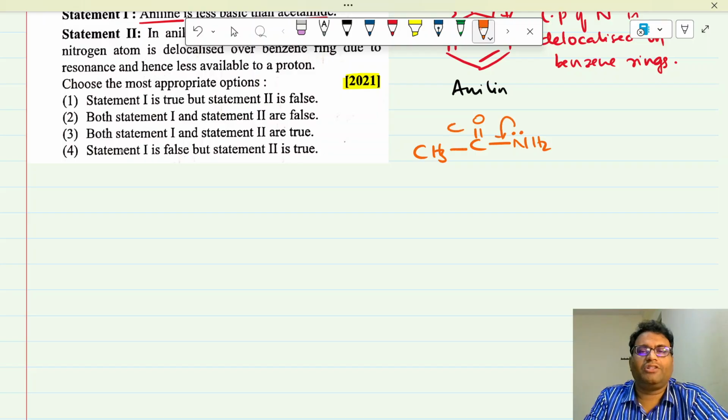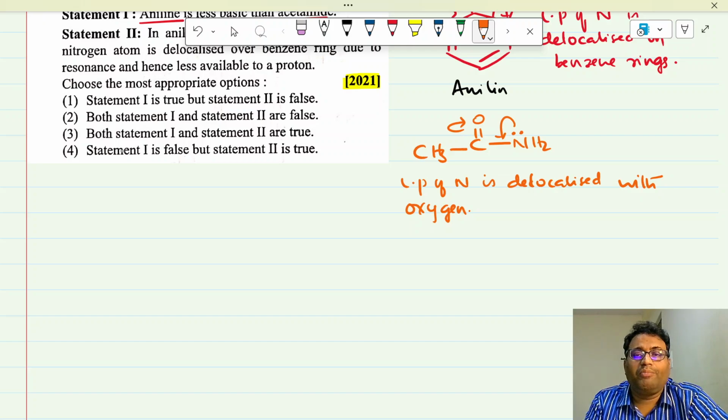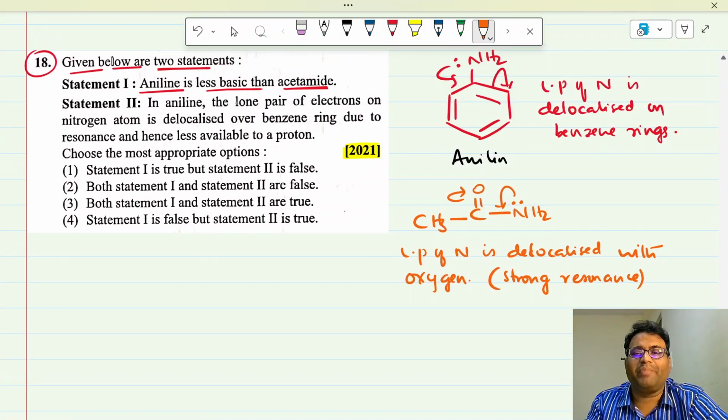Now here also, this is a conjugated system. The lone pair of nitrogen is delocalized with oxygen. Oxygen is a more electronegative atom, so this is strong resonance, whereas resonance with carbon is less strong when compared with resonance with oxygen. So this pair of electrons is moving on to oxygen, the more electronegative atom.